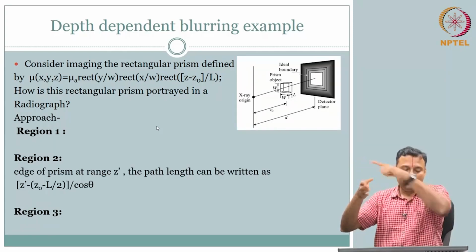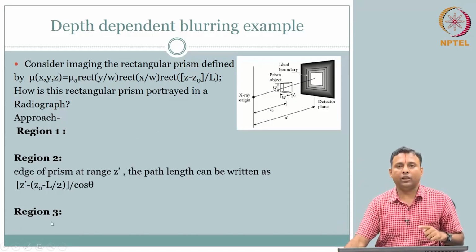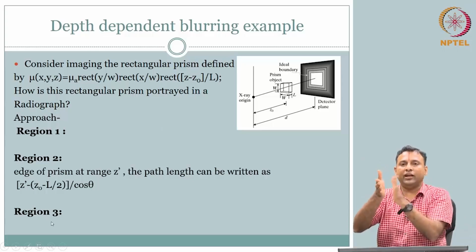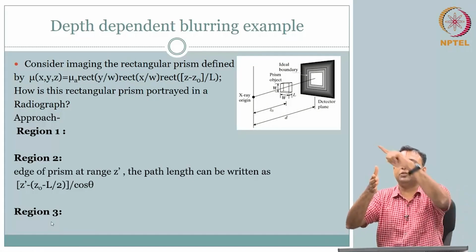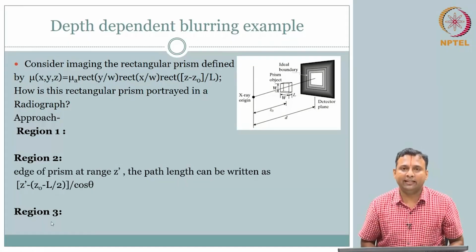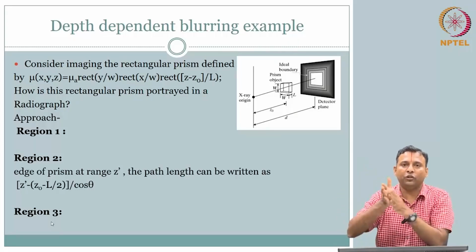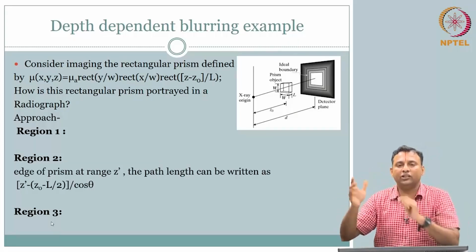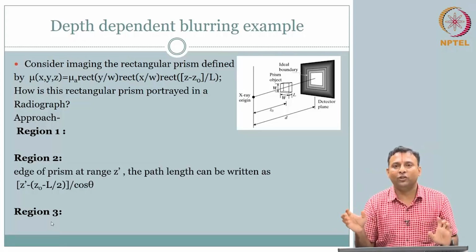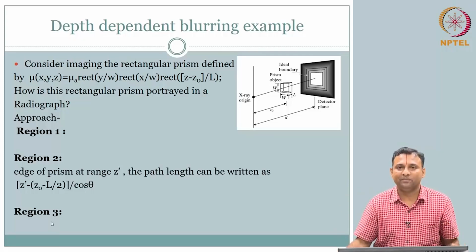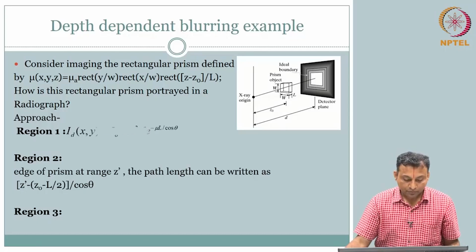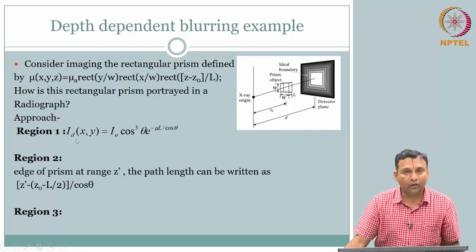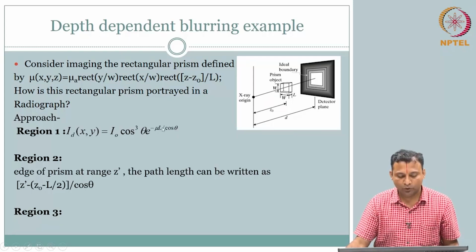The third region is not a problem. It is diverging so much that it does not even see the object; it just hits the detector screen. That is outside the field of view of the object, and without the object we already wrote what the variation will be: I naught cos cube theta e to the power minus mu L by cos theta. No issues.